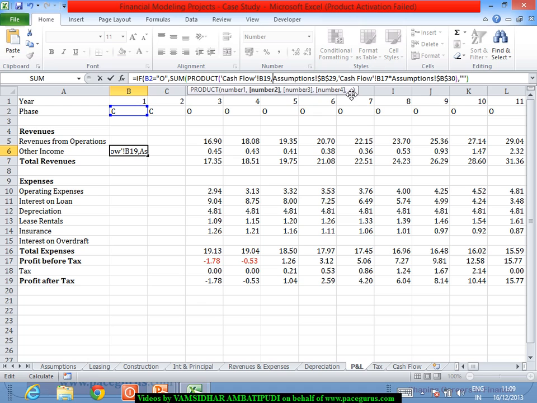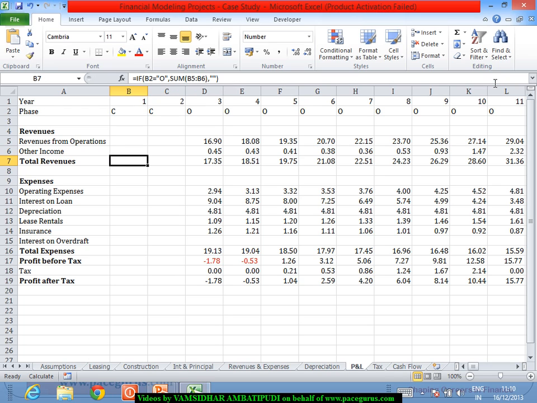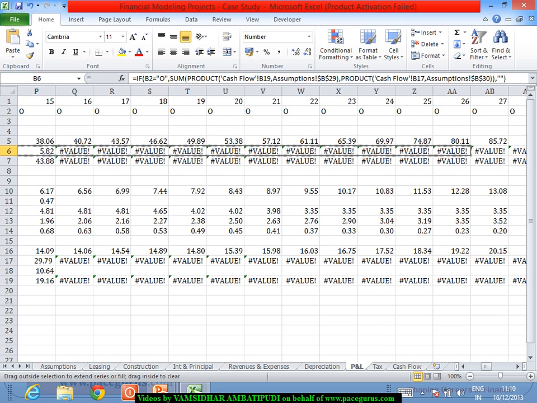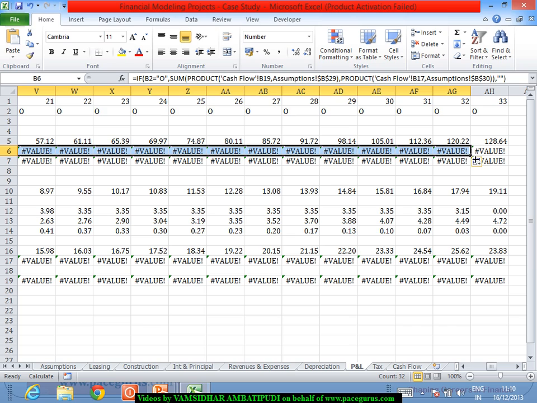Instead of using a plus sign, it's better to use the sum formula. Similarly, instead of a multiplication sign, it's better to use the product formula, because sometimes this kind of issue will crop up. So let's see now, even still the same problem is existing.